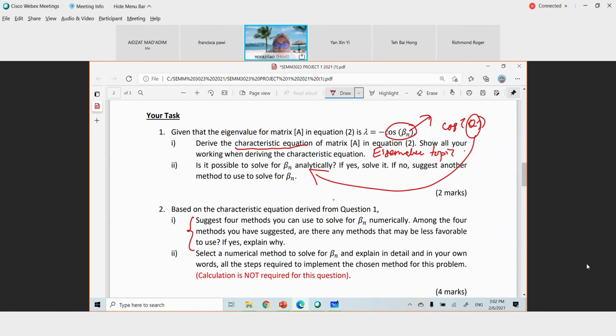Choose from these four methods the one you think is less favorable. Please inform what kind of numerical method you choose to solve this problem. Don't calculate yet.